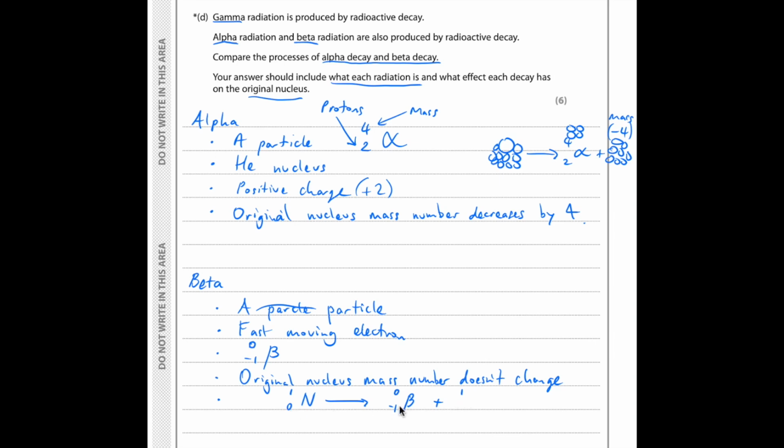And what have you got to add? A -1 in order to make nothing. You've got to add 1. So what's got a mass of 1 and a charge of 1? That's a proton. So basically the proton number of the original nucleus is going to increase. So the atomic number goes up by 1.